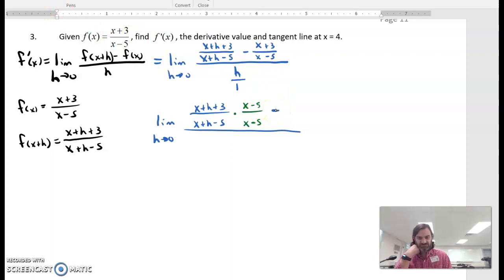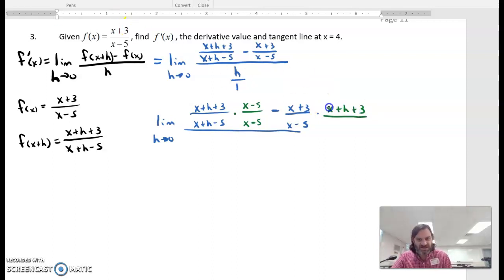Then we're going to subtract the second fraction, x plus 3 over x minus 5, and we need that common denominator from the first fraction. So that'll be multiplied by x plus h plus 3. Excuse me, not that.